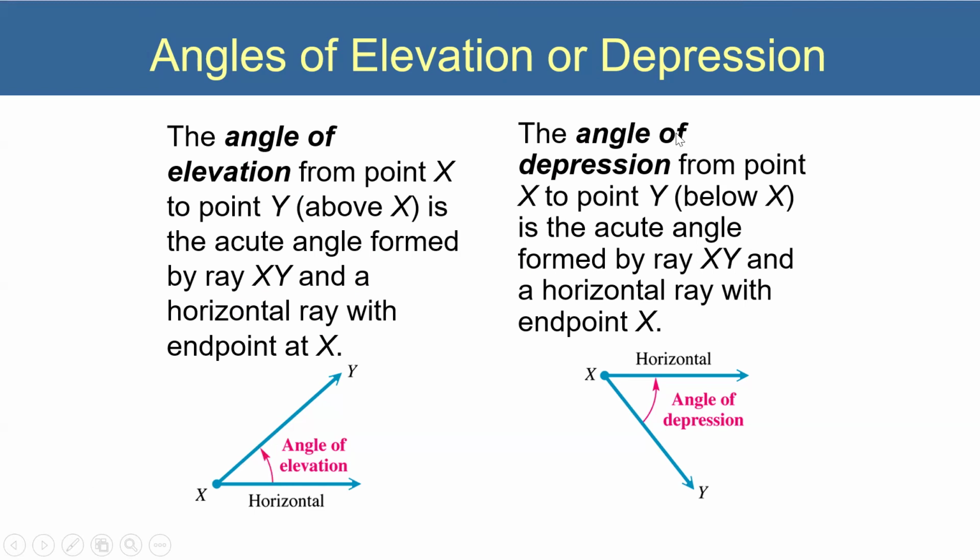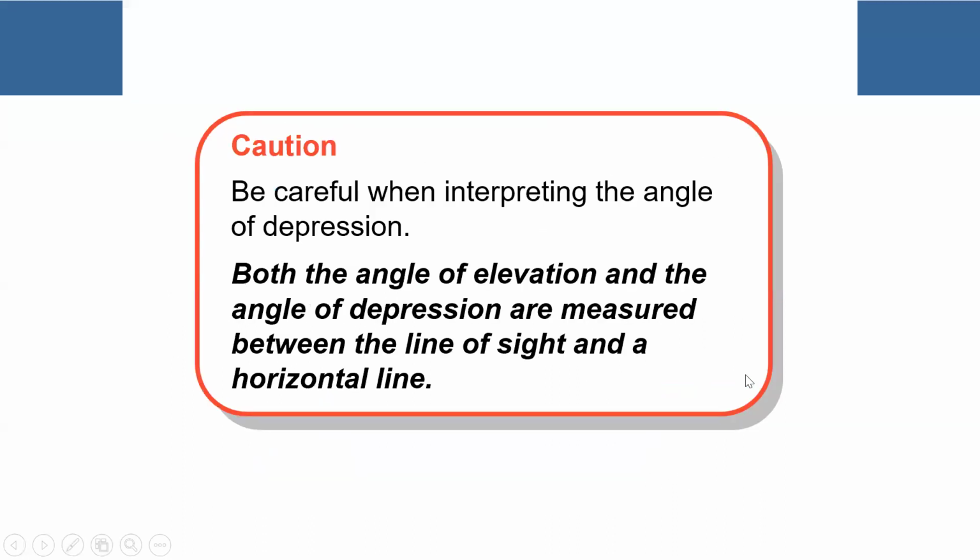Angle of depression is when you're above, the horizontal is at the top, and your angle is heading down toward that point. So that's the difference, angle of elevation, angle of depression. Do you see the difference between the two angles? Okay, I hope so.